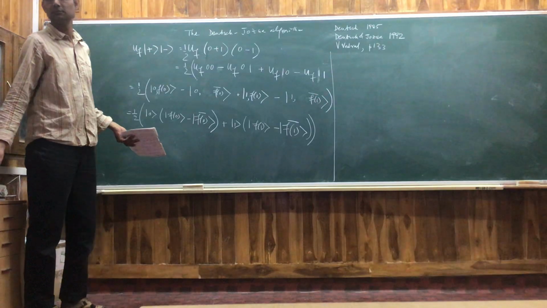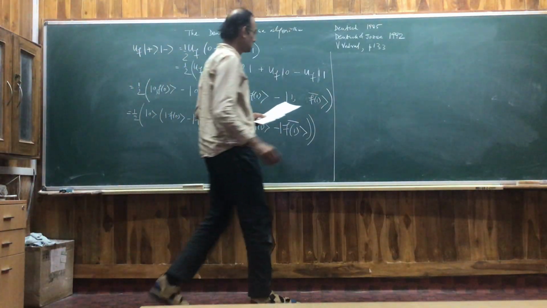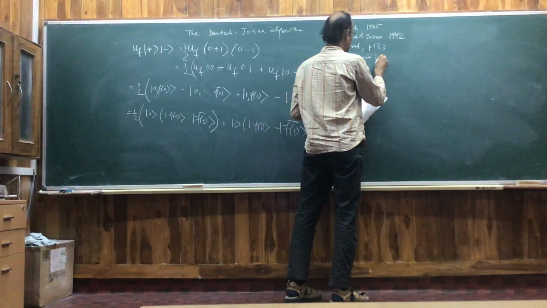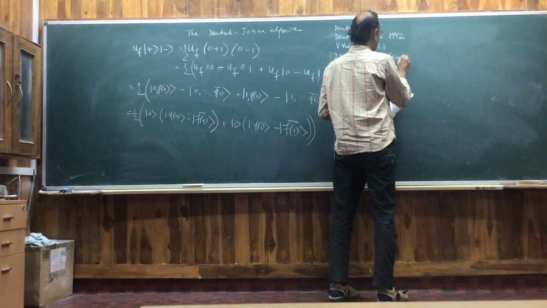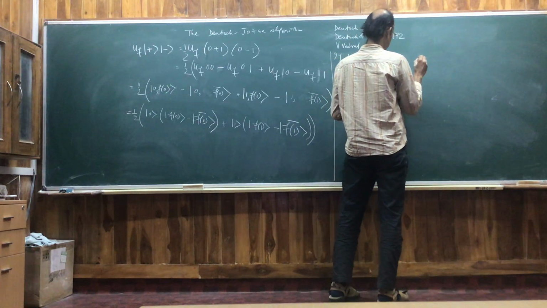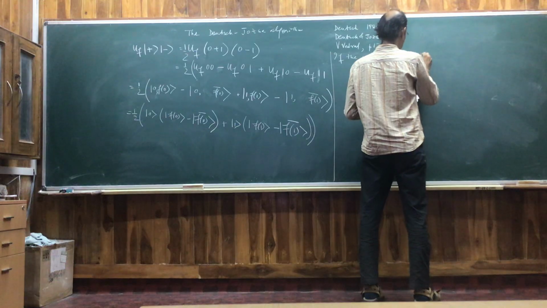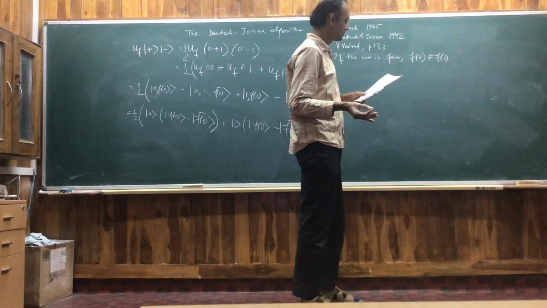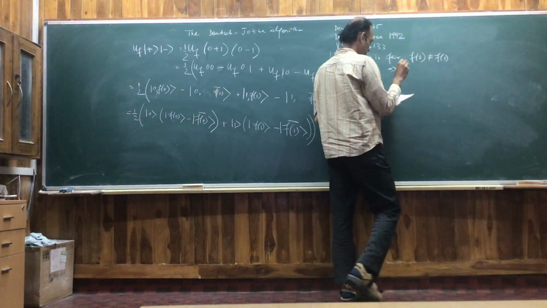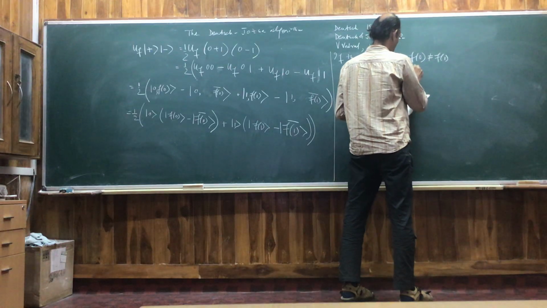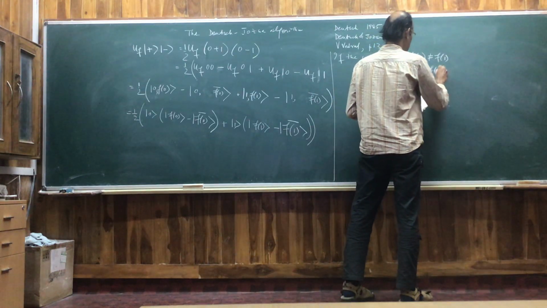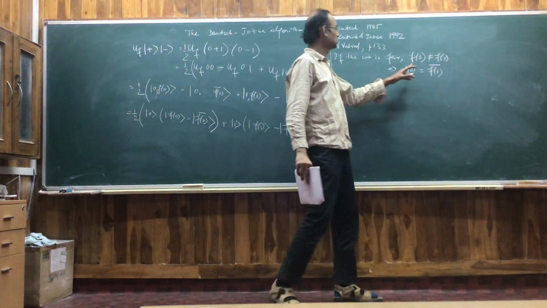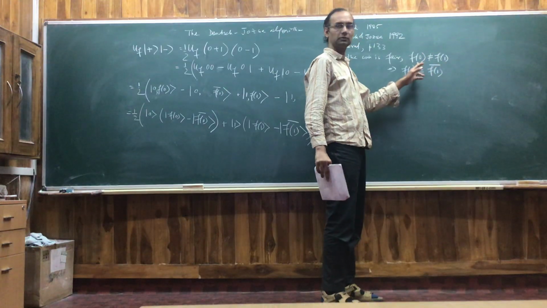If the coin is fair, F0 is not equal to F1, which implies F0 equals F1 bar. Yes. This is not equal to this, there has to be the other one. This is either 0 or 1, yes?